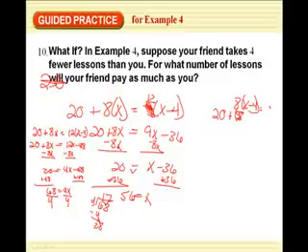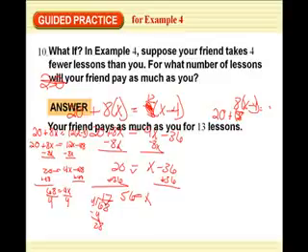Oh, I got 17. They're getting 13. I don't know how they're doing that. They're getting 13 lessons. I figured it was 8 fewer, but we'll say we did a good, valiant effort on that. All right, so that's it. That's 6-2. Show all the work. You're moving the letters to one side, the numbers to the other, and you're still solving for x. So we'll see you next time.